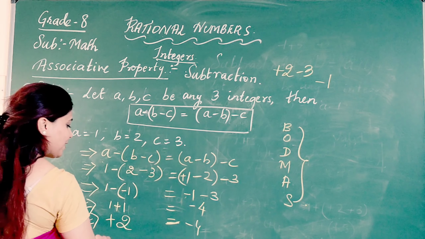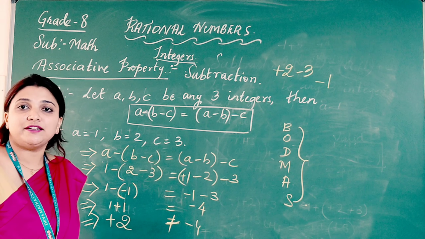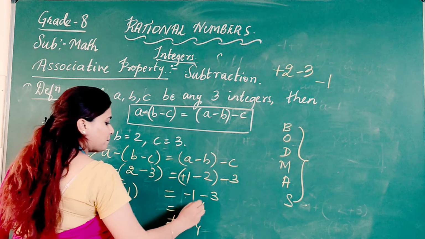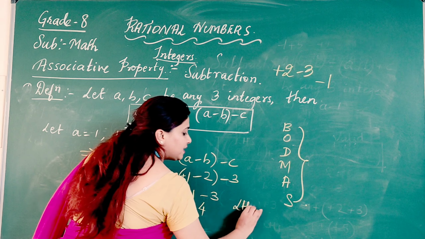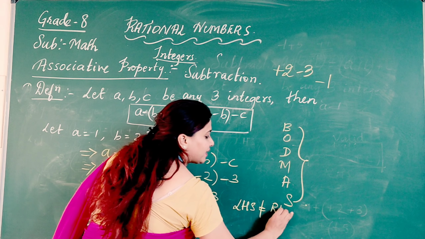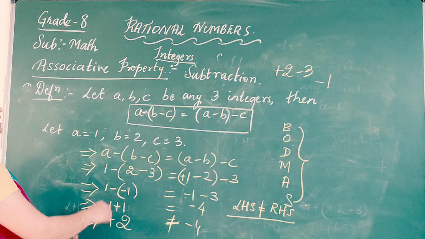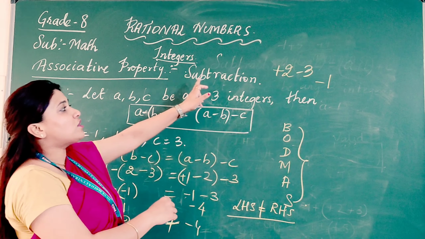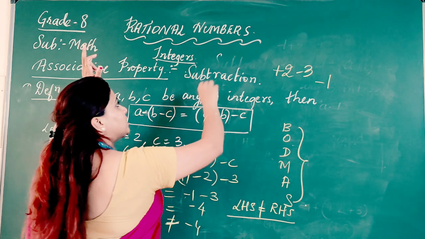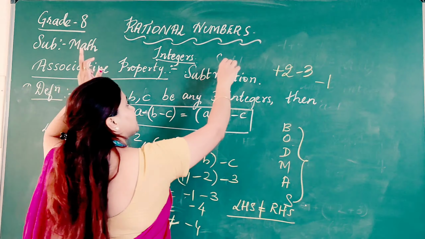No, right? So plus 2 is not the same as minus 4. So therefore, my left hand side is not equal to my right hand side. So what I get is that the associative property for subtraction of integers is invalid. It's not valid, it is invalid.